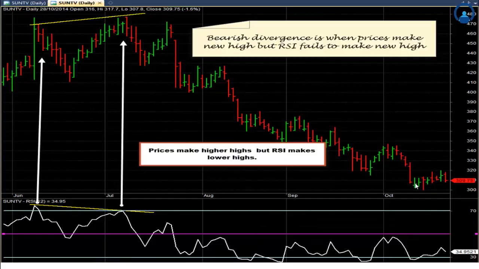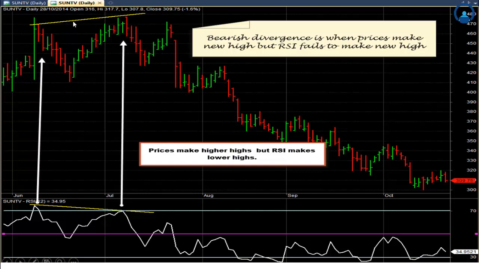This is the chart of Sun TV traded on the NSE exchange, depicting bearish divergence, which is when prices make new highs but RSI fails to make a new high. You can see here prices have almost made a double top. Rather than trading higher, prices have made a double top.